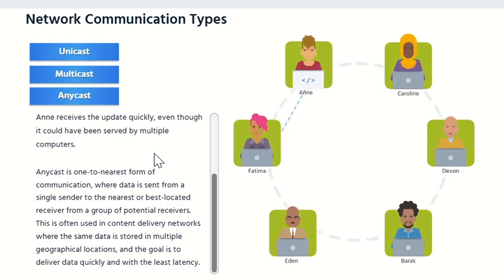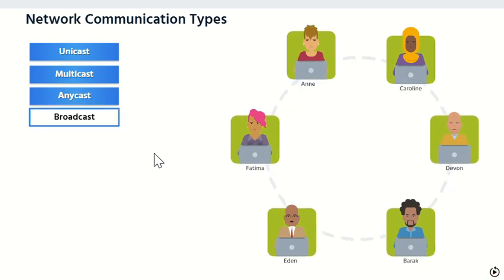Anycast is a one-to-nearest form of communication where data is sent from a single sender to the nearest or best located receiver from a group of potential receivers. This is often used in content delivery networks where the same data is stored in multiple geographical locations, and the goal is to deliver data quickly and with the least latency. Select the next option.